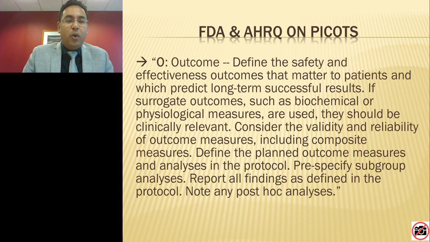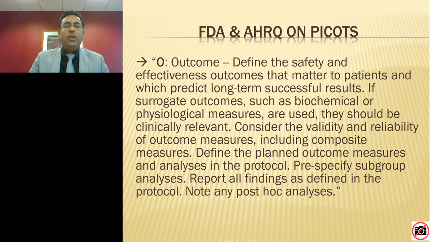So let's talk about the O in PICOTS. O stands for outcomes. Outcomes are extremely important, goes without saying. This is where you need to establish your primary outcomes versus secondary outcomes, and have the correct epidemiological principles and statistical analyses in order to establish the primary outcomes, in order to take a look at your data when you're doing your publications, because that's what is going to be looked at during the evidence evaluations.